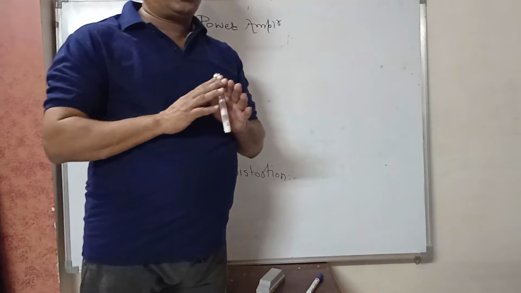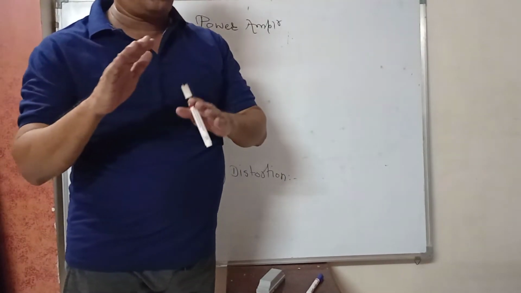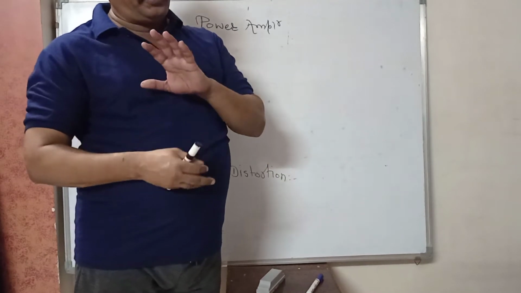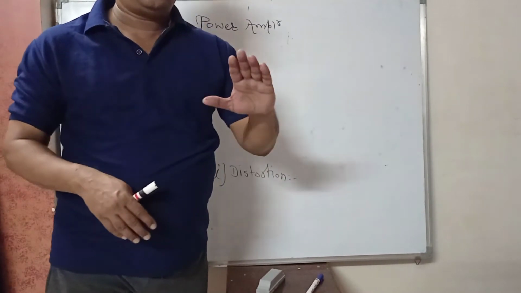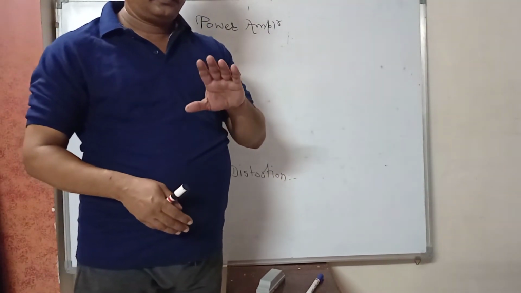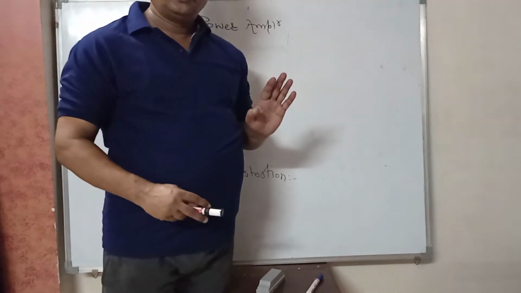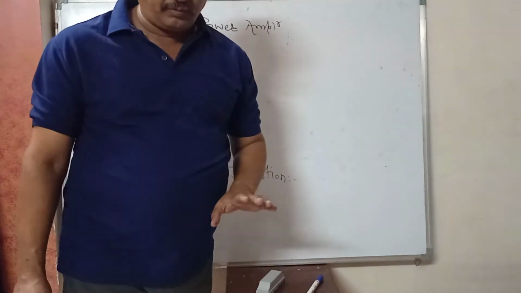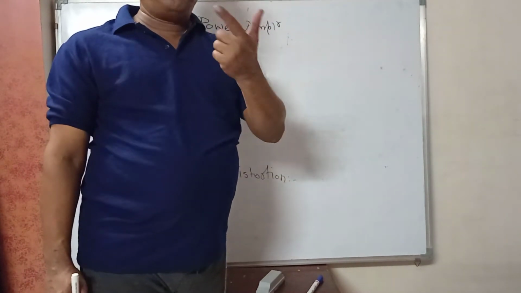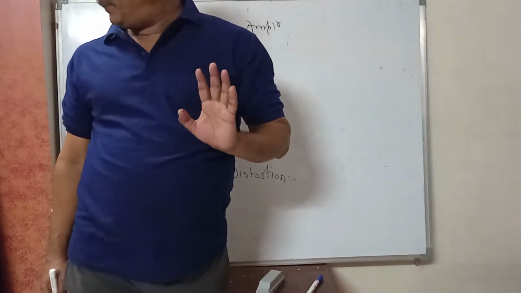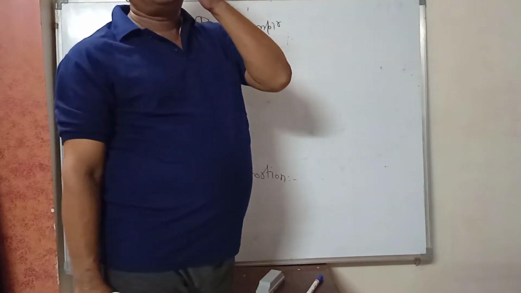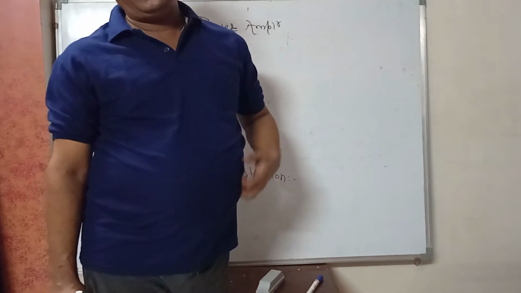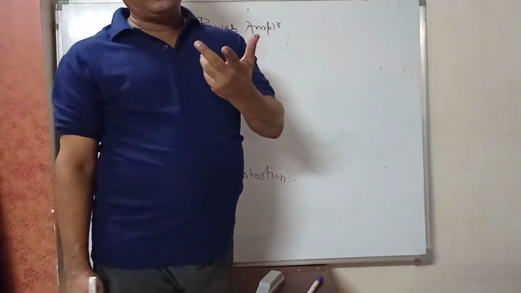If output is not exact reproduction of input, any change in the wave shape is distortion. If input is sine wave, output must be sine wave. It can be amplified, inverted, let it be. But if input is sine wave, output is sine wave, undistorted. If input is sine wave, output is little bit distorted.